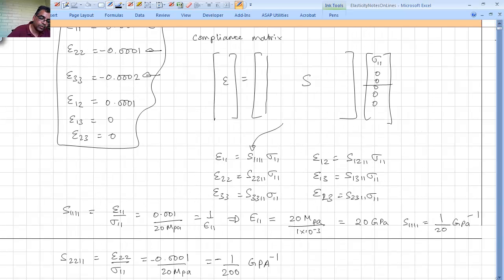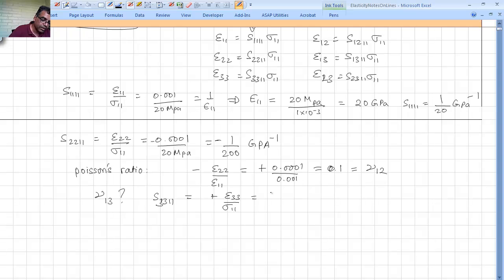Epsilon 33 is minus 0.0002 divided by 20 megapascals, which will turn out to be minus 1 over 100 gigapascal inverse. What about nu 13? That will turn out to be negative of epsilon 33 divided by epsilon 11, which if you calculate will turn out to be 0.2. Notice that the Poisson's ratio in different directions are different, right?